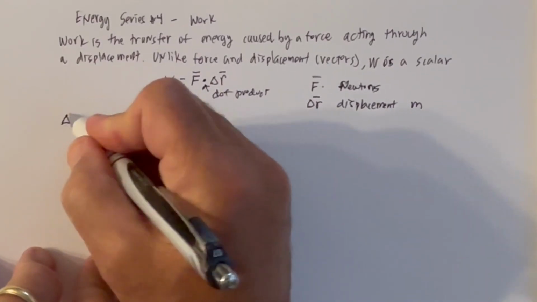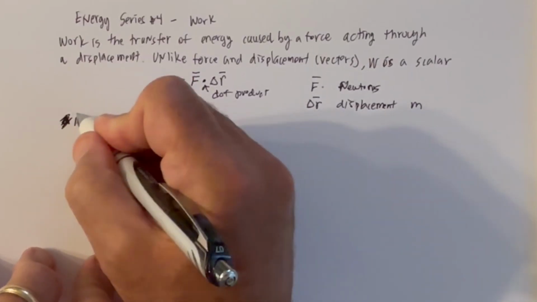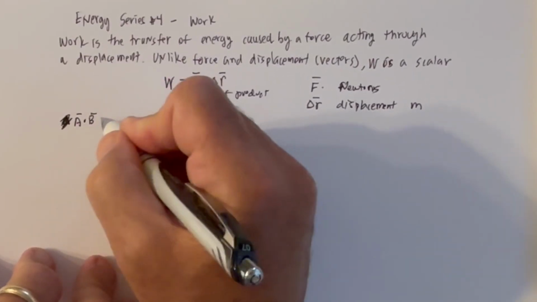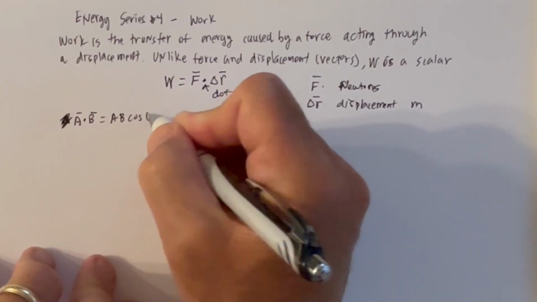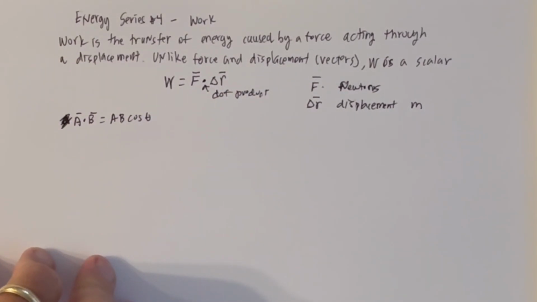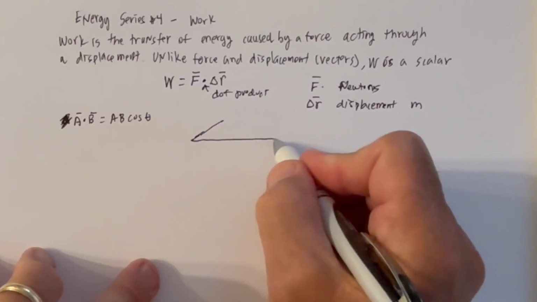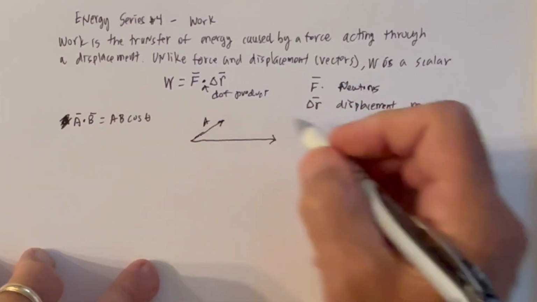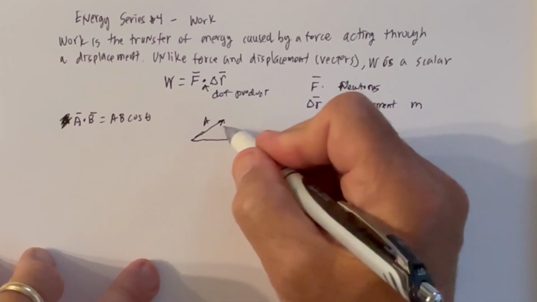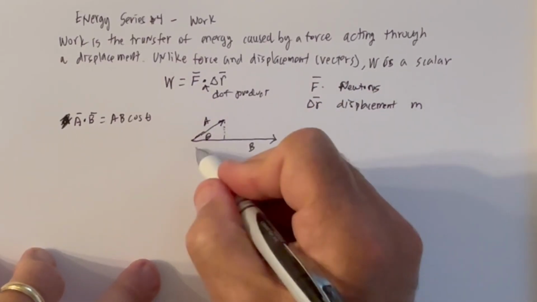Now, remember on the dot product, A dot B is equal to the magnitude of A times the magnitude of B times cosine of the angle theta between them. So if we have two vectors right here, this is A, this is B, the dot product works out to be, that's the angle theta between them.